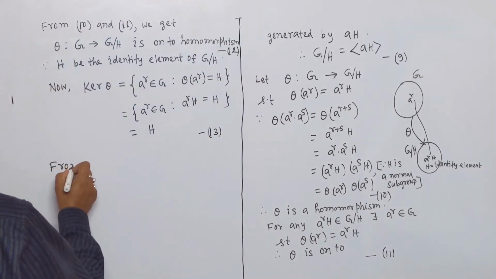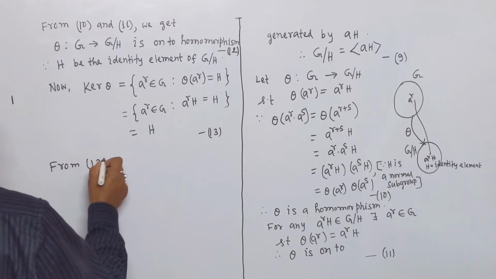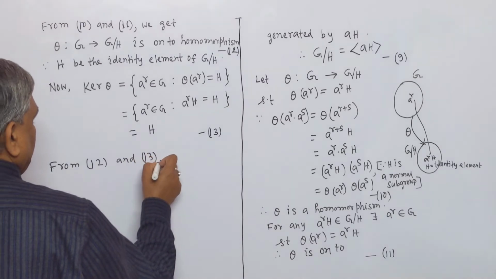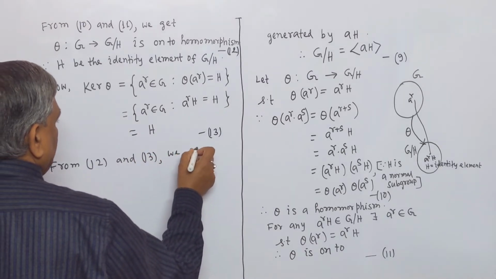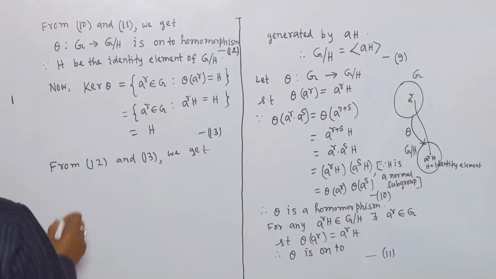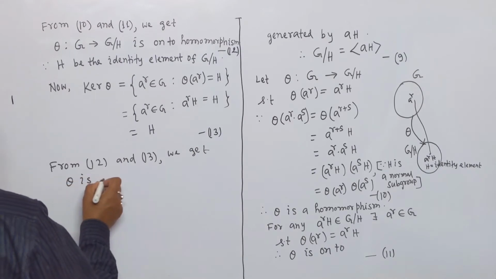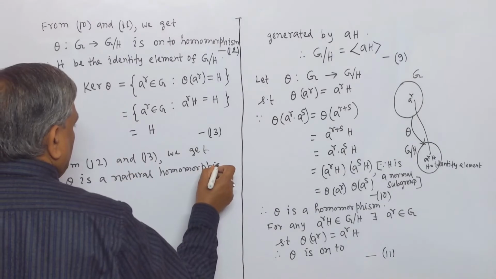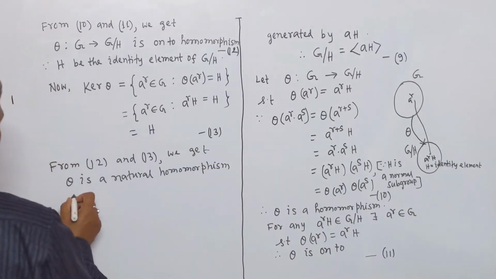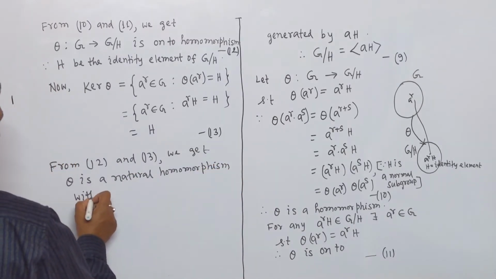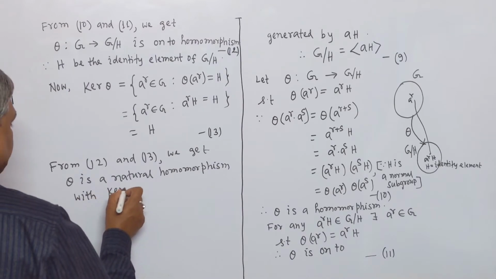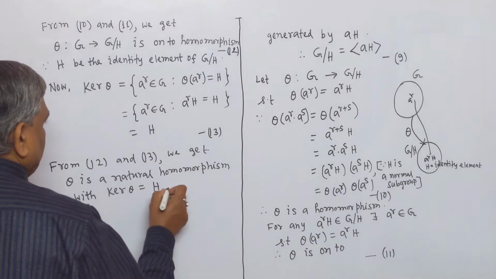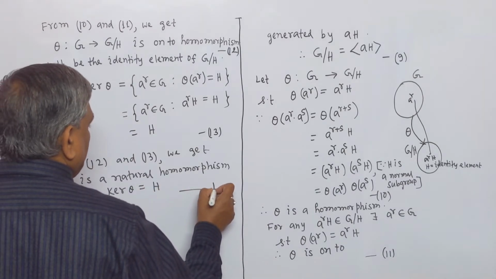From 12 and 13, we get theta is a natural homomorphism with kernel of theta equal to H. This is number 14.